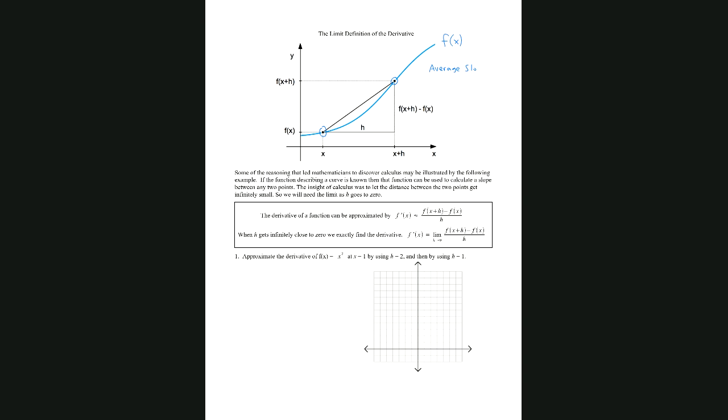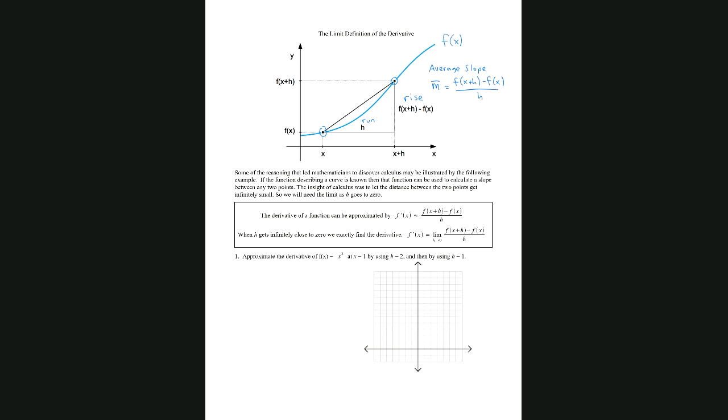And doing that requires that we have a rise and a run for our triangle here. So an average slope would be given by this formula, f of x plus h minus f of x over h.